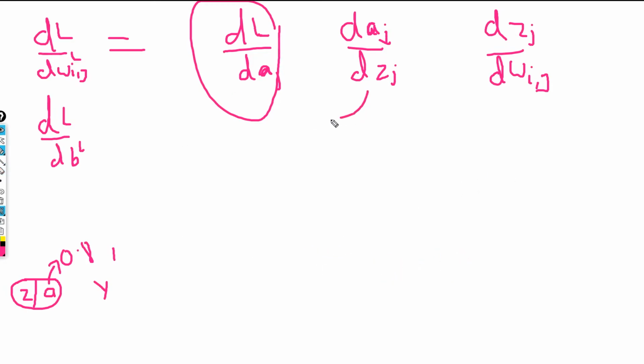Now let's get into this part. So what is this? Basically, we have a z value, so we got the loss up to a. Now we have a z value and we are passing it through an activation function, a sigmoid function for right now.